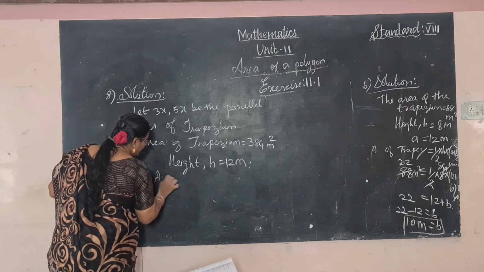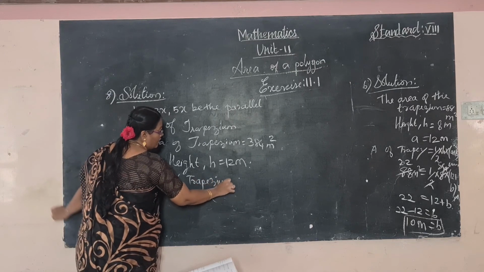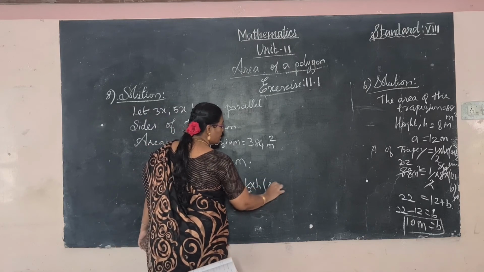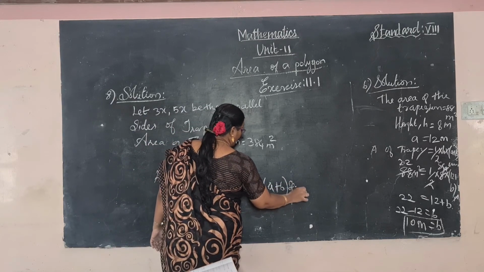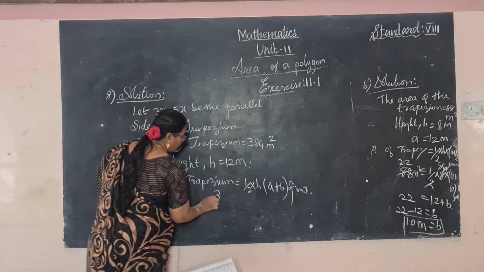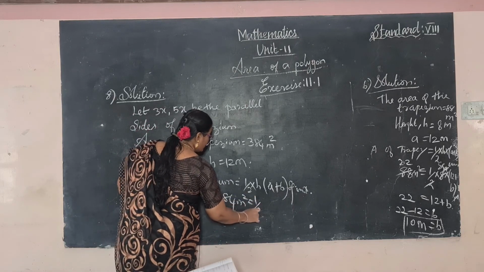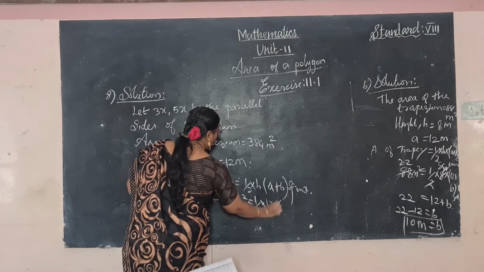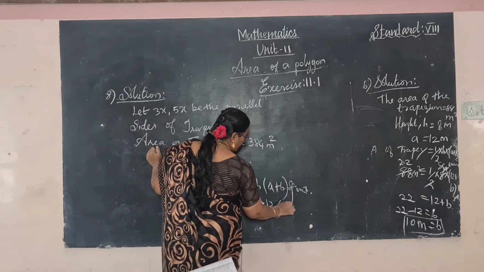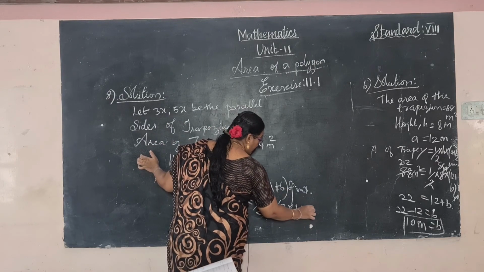So area of the trapezium is equal to half into h into a plus b square unit. Okay, so area of the trapezium already given, 384 meter squared, is equal to half into h value 12, and a plus b, the parallel sides ratio is given. So 3x, b value was 5x.